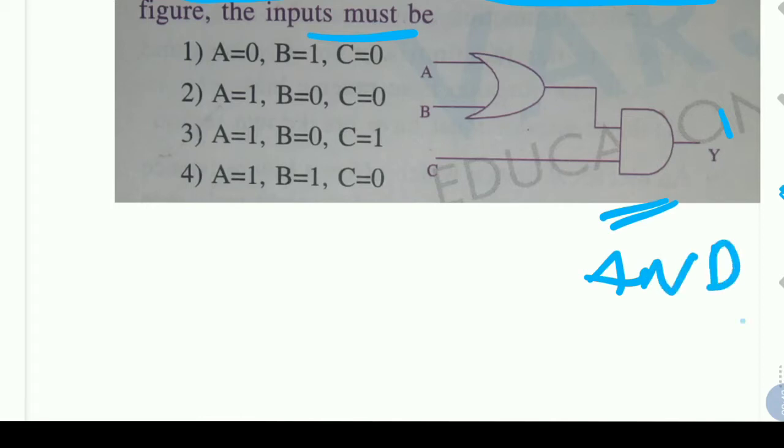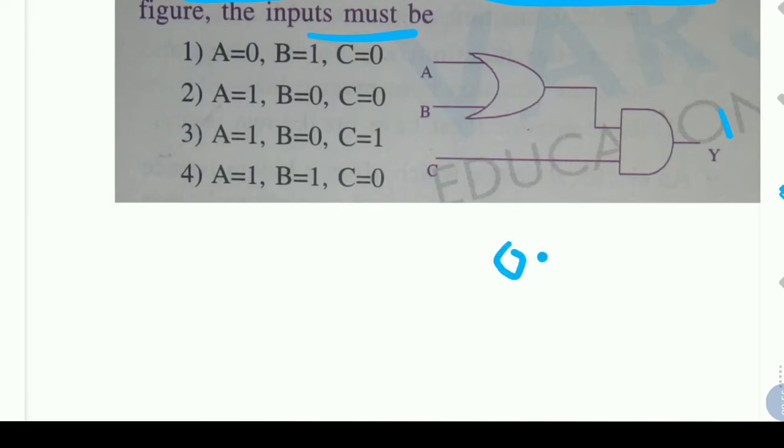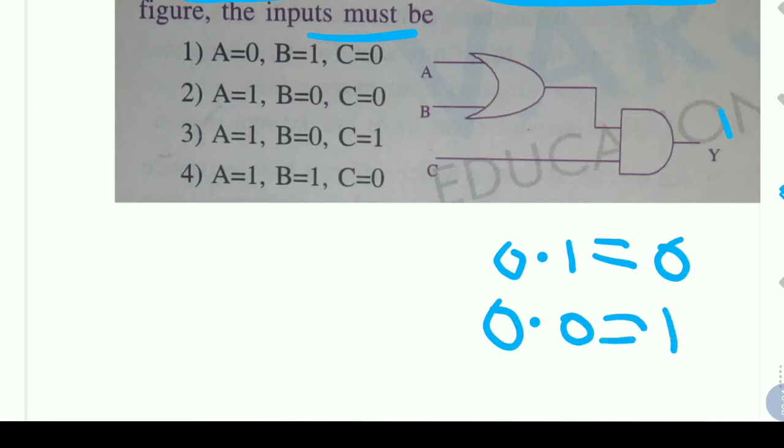AND gate means dot product. If C is 0, then 0 times 1 is 0, and 0 AND 0 is also 0.